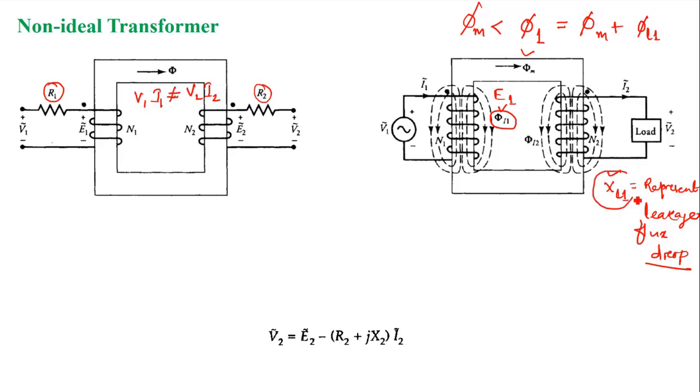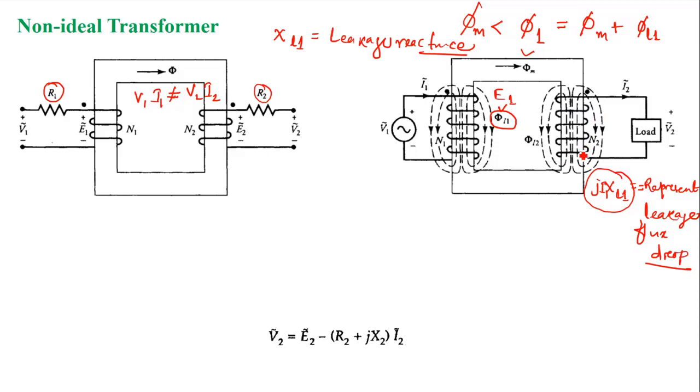When we put a reactance and the current flows, that will give a drop. So when I multiply jI XL1, it gives a drop because the current is flowing. Therefore, the drop due to the leakage flux can be represented through this jI1XL1, right? So this is known as the leakage reactance in the primary winding.